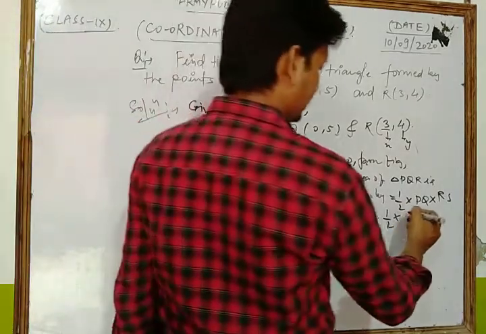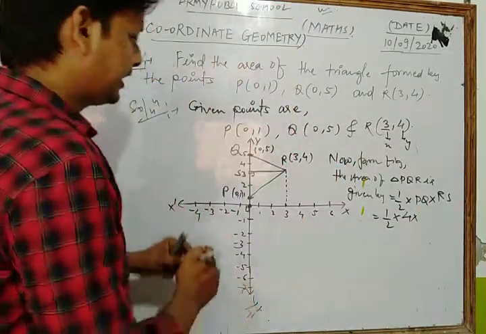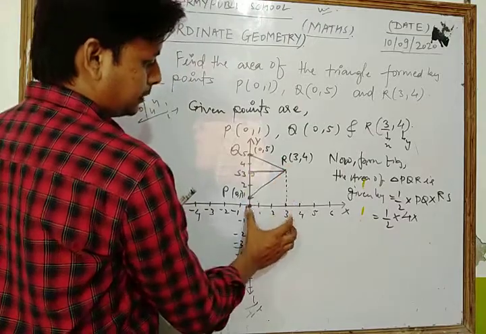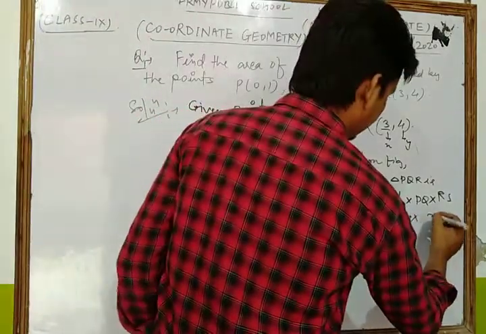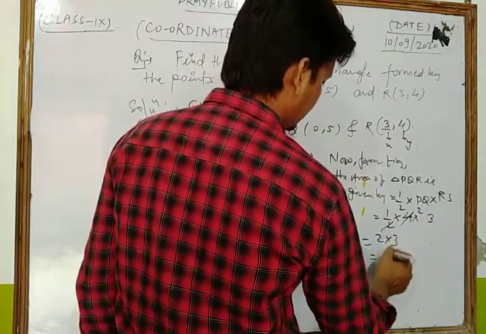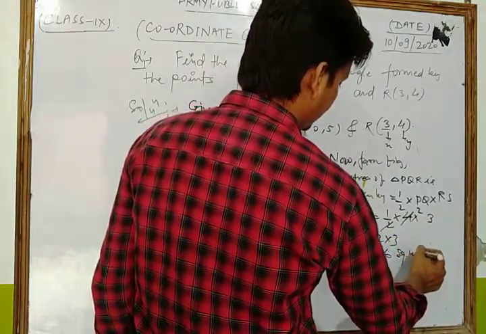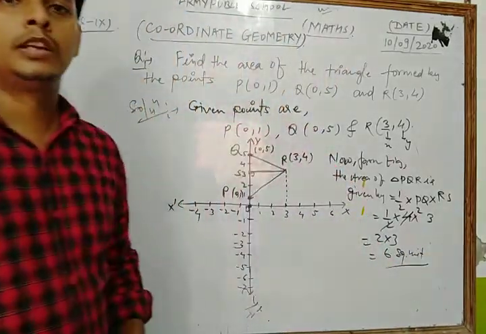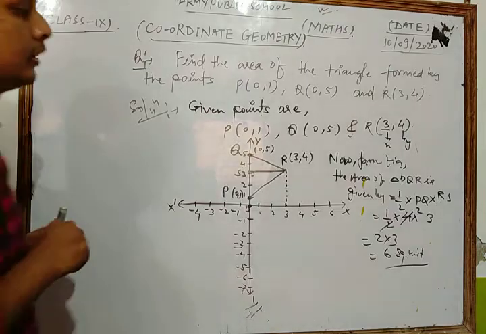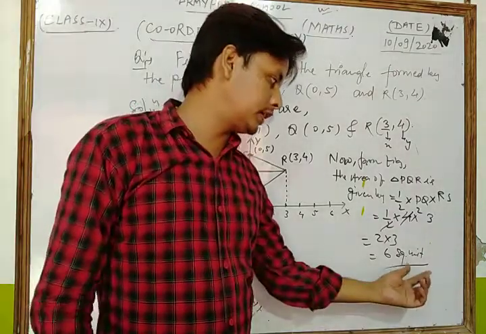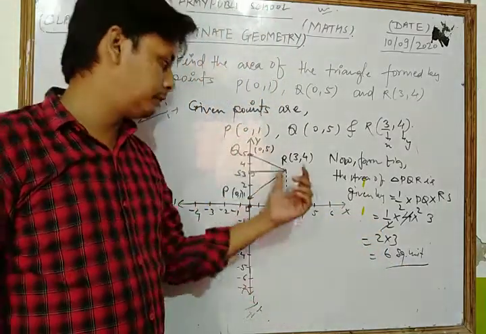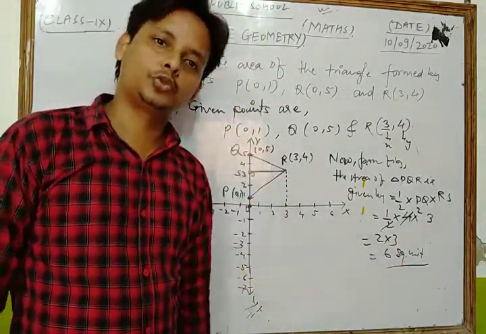The distance PQ is 4 and RS is equal to 3, so the perpendicular distance is 3. Now 2 into 4, then 2 into 3 is 6 square unit. You know that area is always in square unit. In this way we find the area of triangle PQR as 6 square unit.